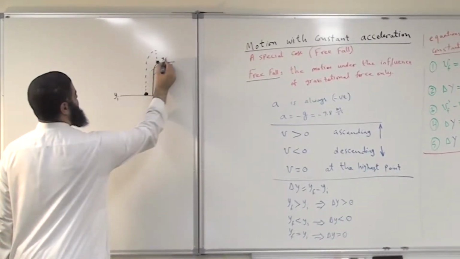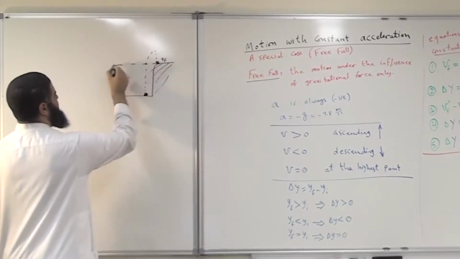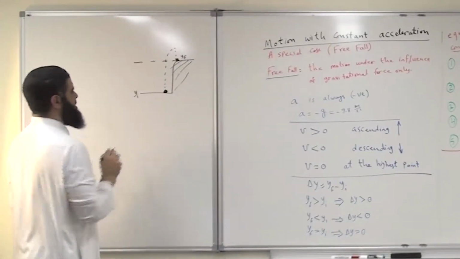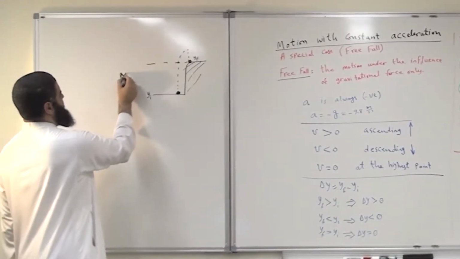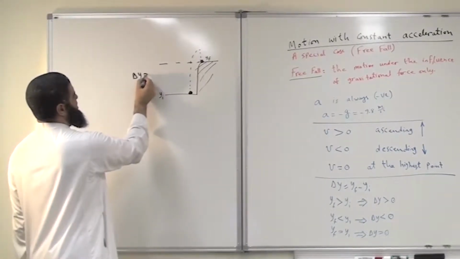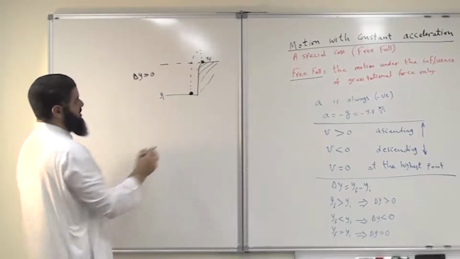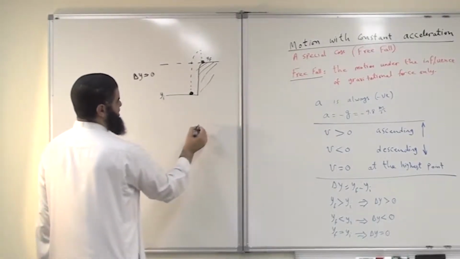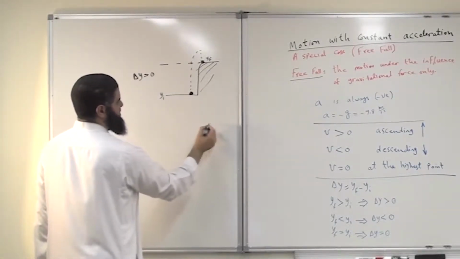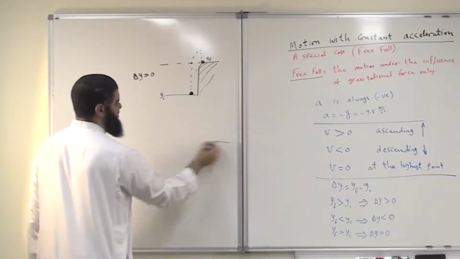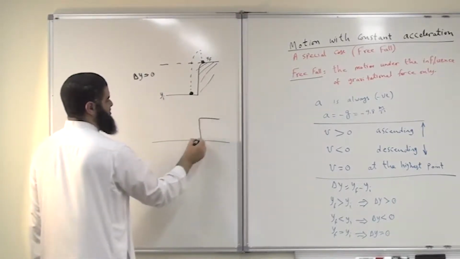Okay, so this is y final. As you can see, y final is greater than y initial, and delta y in this case will be positive, greater than 0.